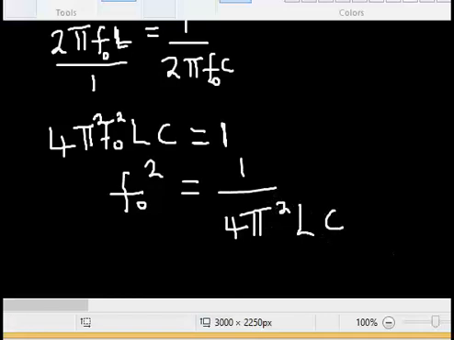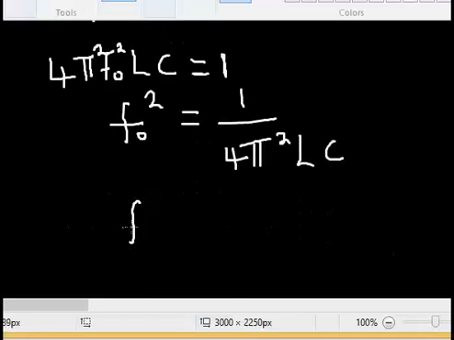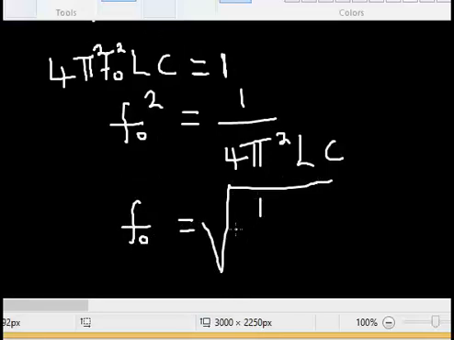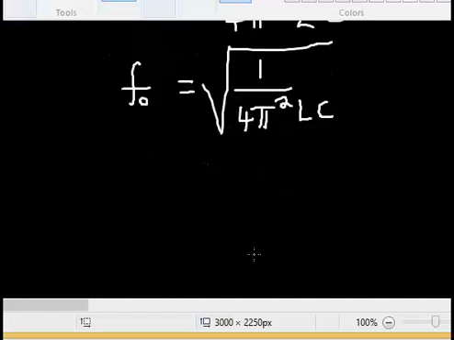For me to get the resonance frequency, I find the square root of all this: the square root of 1 all over 4 pi squared LC.